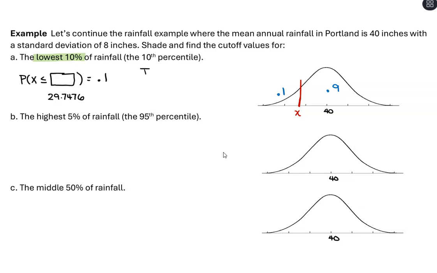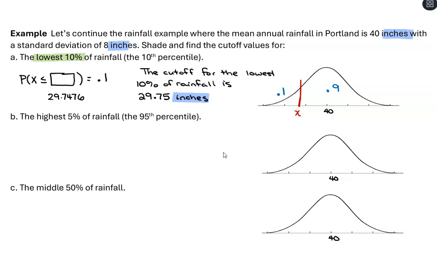So I would say the cutoff for the lowest 10% of rainfall is, and I'm going to go ahead and round this to 2 decimal places, 29.75 inches, because the units for my answers for these cases are going to match the units for my mean and standard deviation, because it's all landing on that number line there.